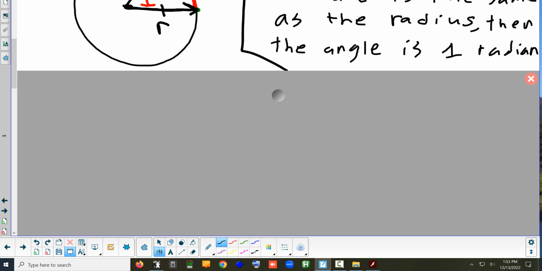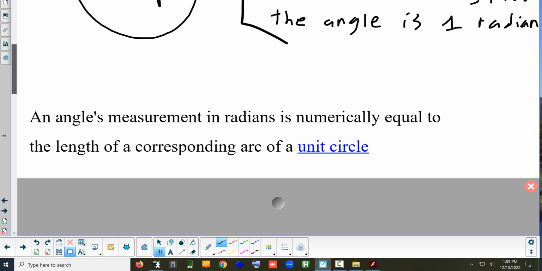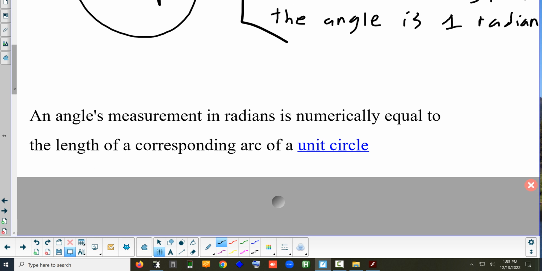And this is the fact that I'm going to give you that's going to help us figure out how many radians in 360 degrees. It's not a very long sentence, but it helps us to figure it out. And it says that if you measure an angle in radians, it comes out the same as measuring something else. This something else is easier to measure.